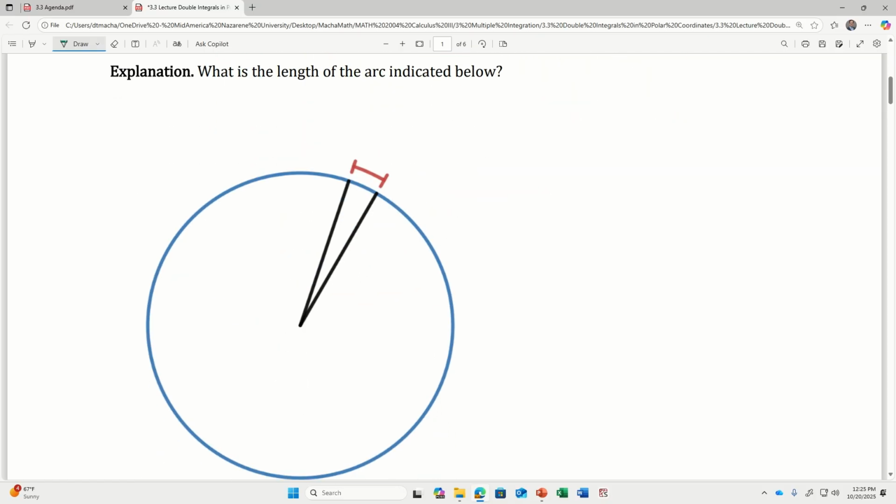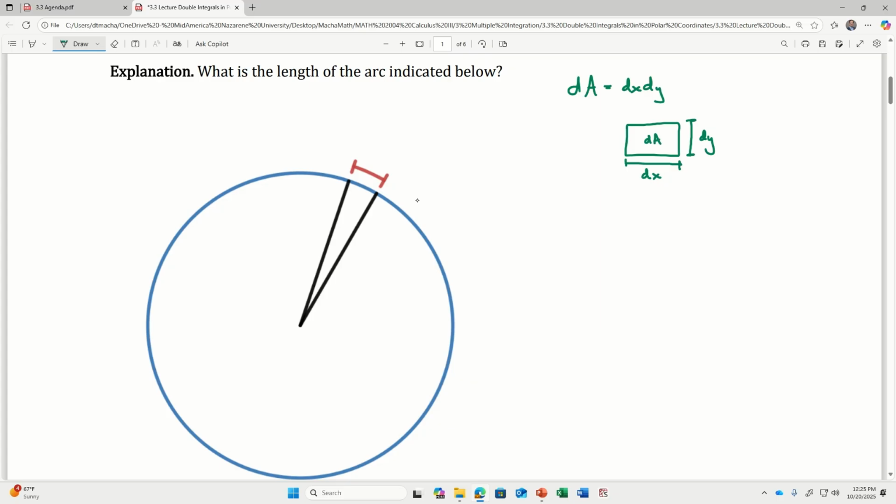So the reason for this, why do I want r dr d theta? One way to get a little area is to get a little dx times dy, right? Like if this is a small little packet of area, this could be my dx, and this could be my dy, so that the area of this rectangle would be dA.